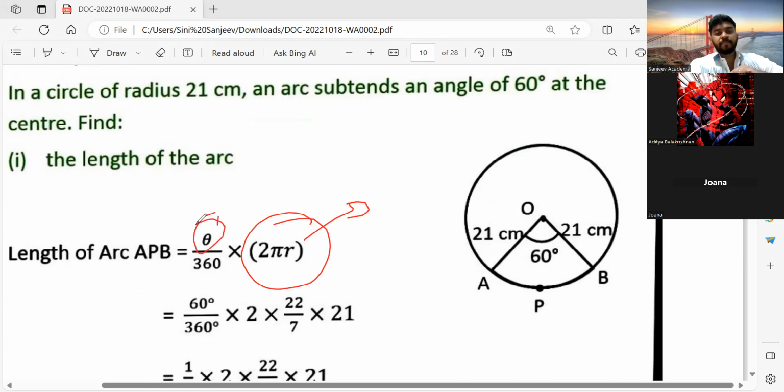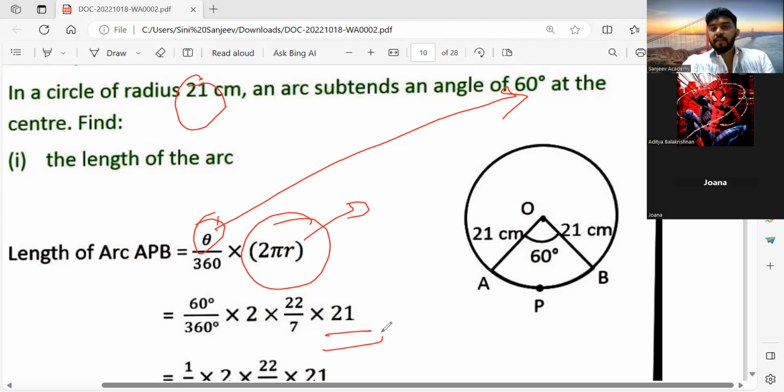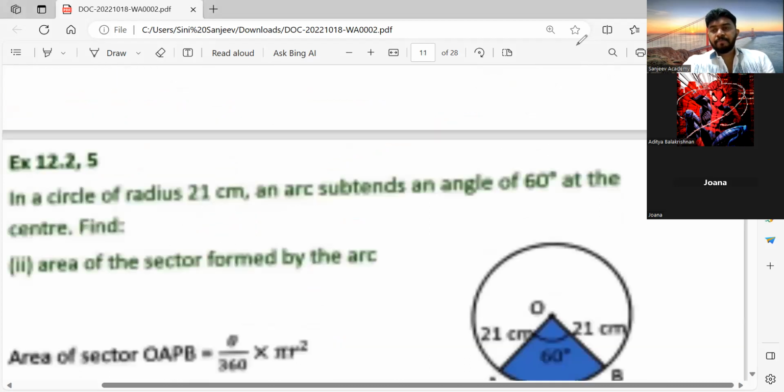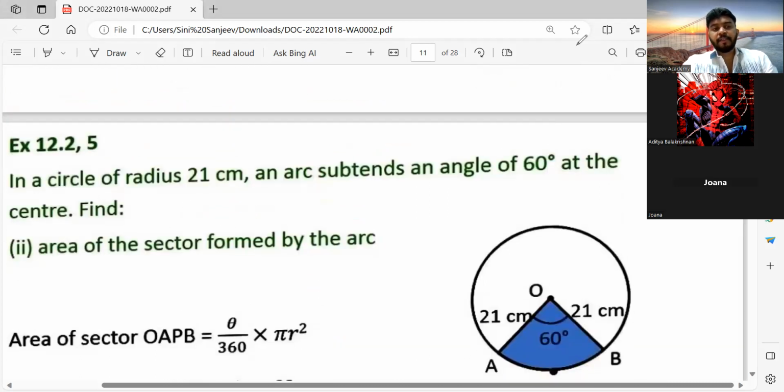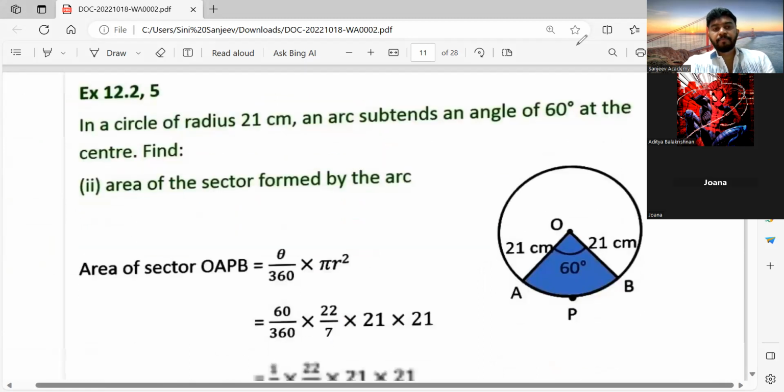Theta is 60 degree. Radius is 21. Rest everything is 2 pi into 21. That's all. So this is much easier compared to the area of the circle. This is one more type. That's it, all the types you have discussed. Now I will discuss only the problems.